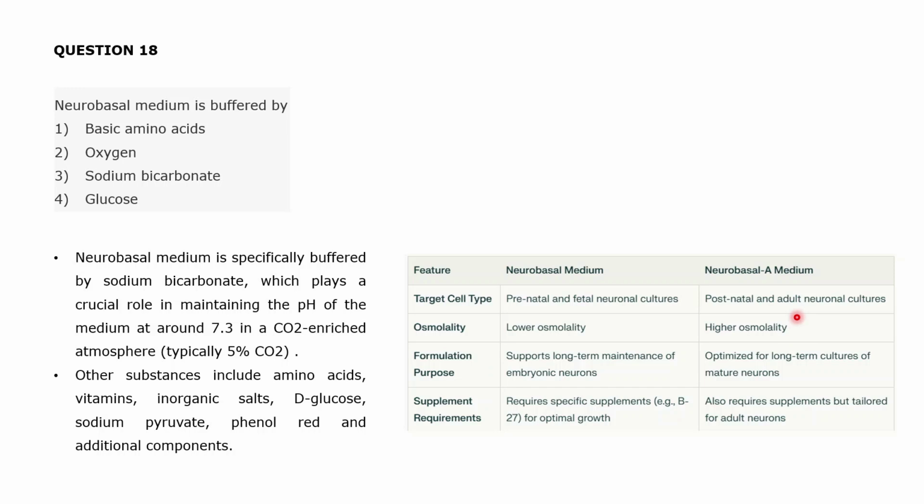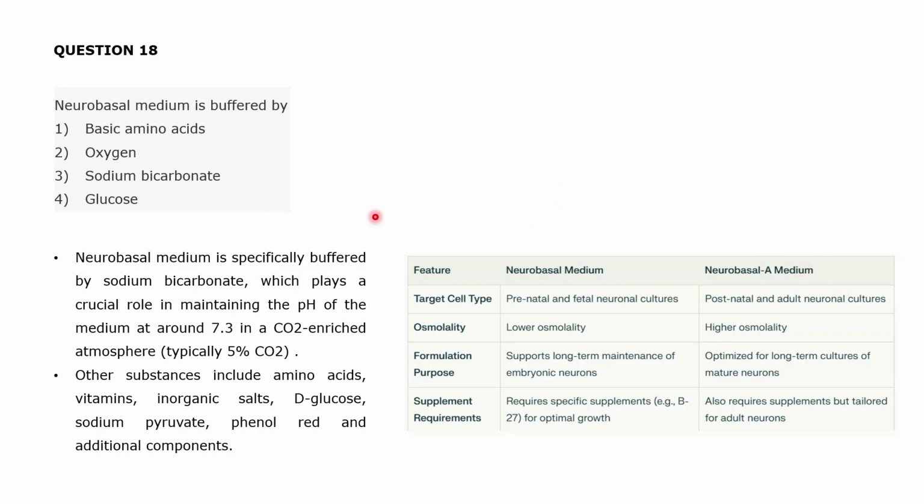It goes up to 260 milliosmoles. So there is a difference of osmolality that is required to grow these two types of neuronal cells, right? An osmometer is used to calculate the osmolality of that particular media, and because of that difference, there are two different types of media. Commonly used are neurobasal media, and neurobasal A media for growing adult neuronal cells.